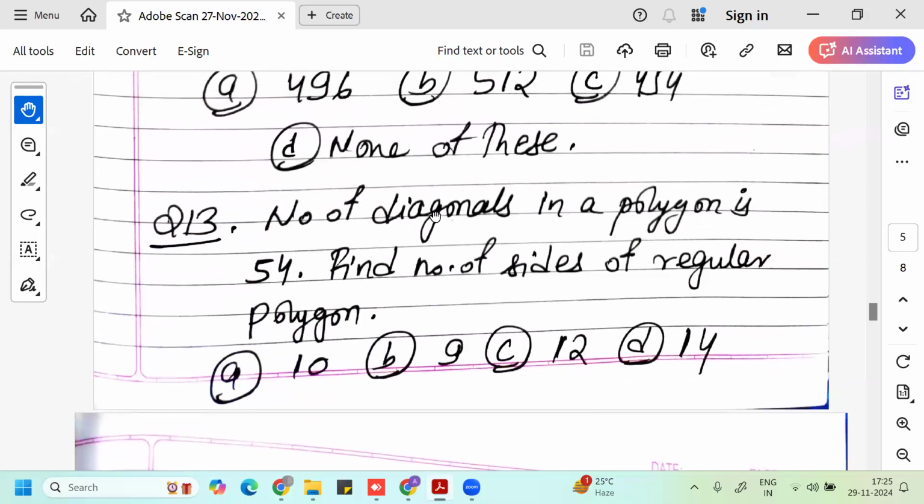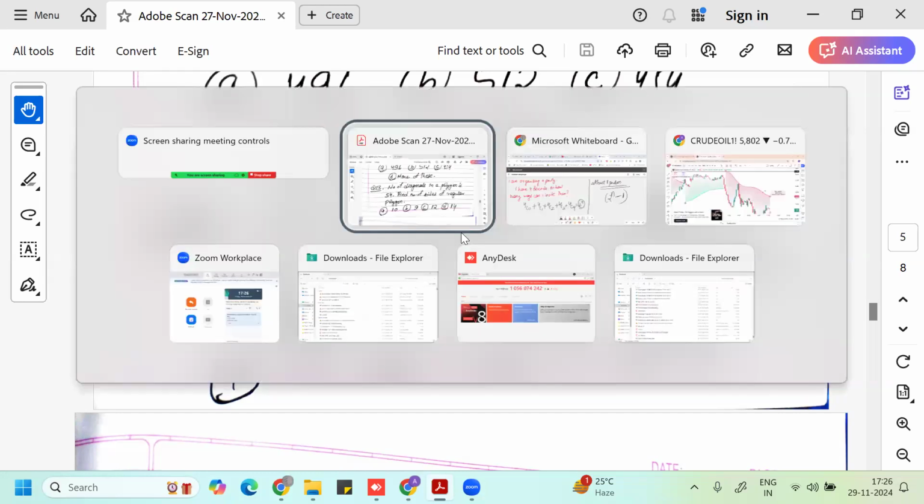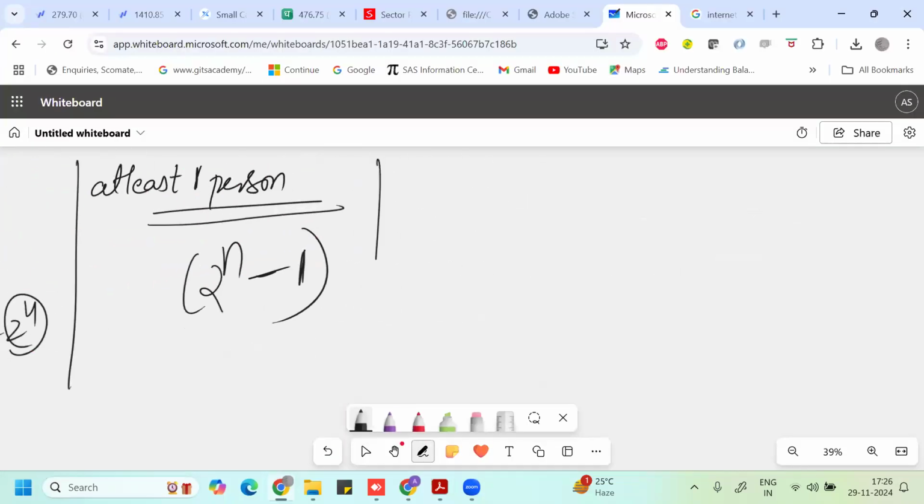Now question number 13. Try, everyone. This is also very important: number of diagonals in a polygon. I don't know if you know this formula or not, so I'll tell you directly.